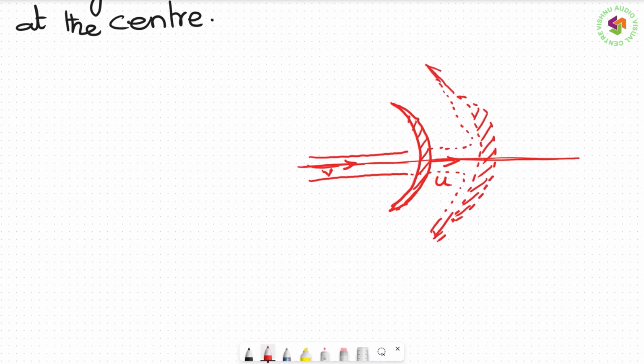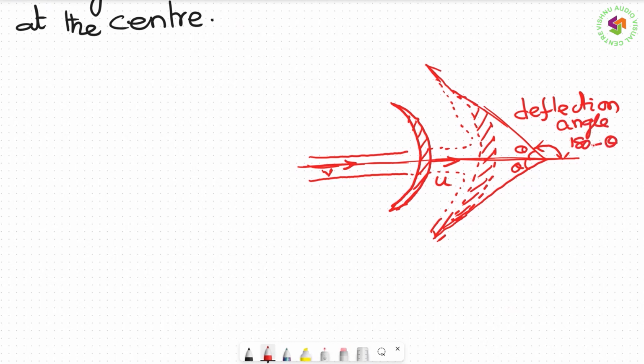So if you draw a tangent here and a tangent here, it makes an angle of theta here. And this angle we call the deflection angle, and the deflection angle is 180 minus theta.